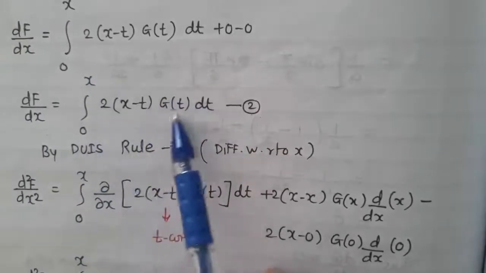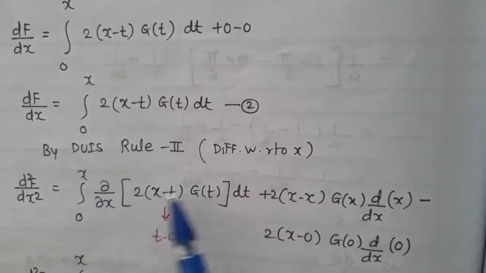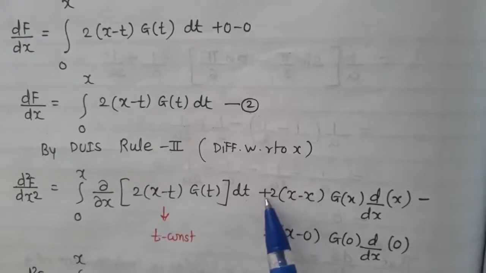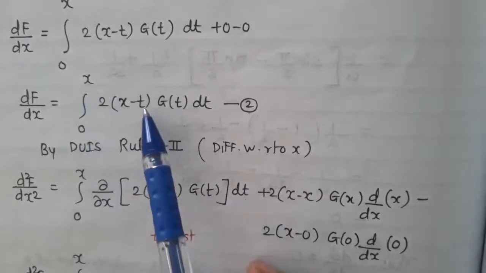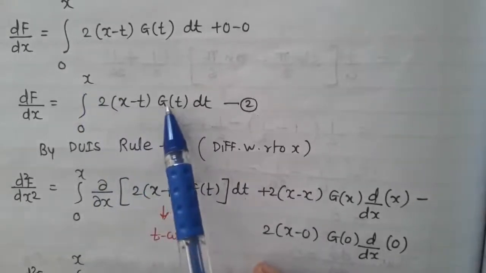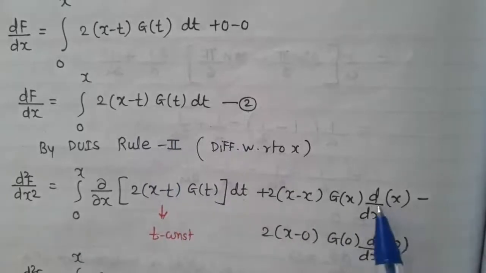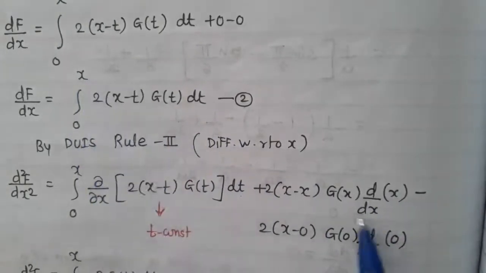Find the partial derivative of this function with respect to x, because x is the parameter. Integrate with respect to t, plus value of this function at the upper limit. That means replace this t by x, so 2 times (x minus x) g of x, and find the derivative of this x with respect to x.